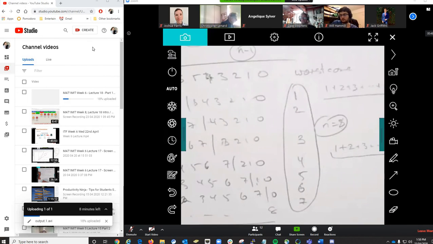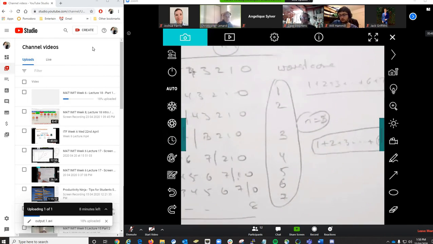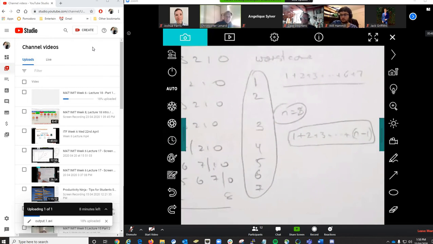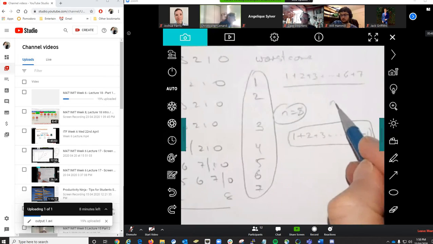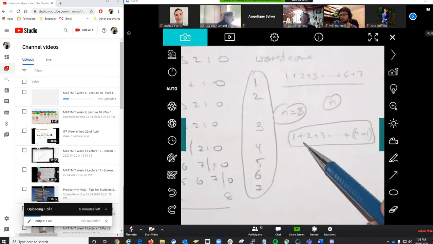So what we want is how many steps are required in the worst case with n inputs. It's going to be 1 plus 2 plus 3 all the way up to 1 less than n, rather than adding in the last n.